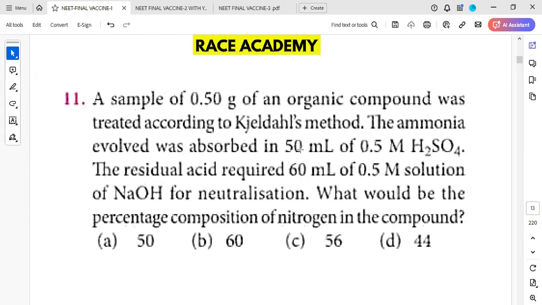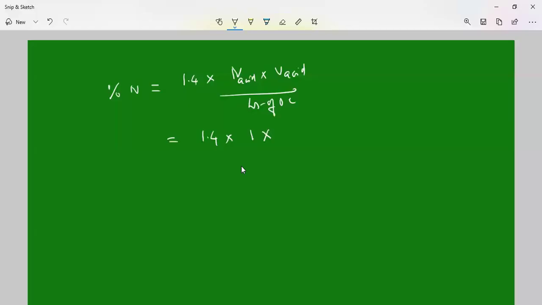The number of equivalents is 50, and the residual acid equivalents are 30. So 50 minus 30 is the actual volume of acid. How did 30 come? 60 into 0.5, 30 equivalents, divided by the weight of organic compound, which is given as 50 grams. That means it is 1.4 into 20 divided by 0.5.